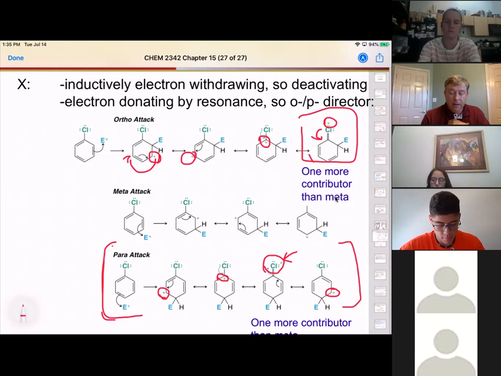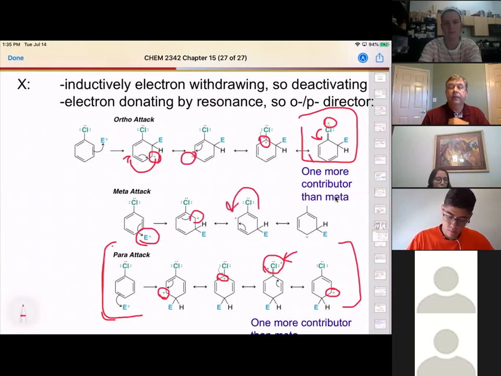All right, now let's do the meta attack and see if we see that same contribution to stability. If we have attack by the electrons of our benzene ring, it's going to generate a positive charge at the ortho position right here. And by resonance, it's going to skip over the atom that the chlorine's on, giving us our positive charge here. And then, of course, it'll move back to being adjacent to where the electrophile was attached.